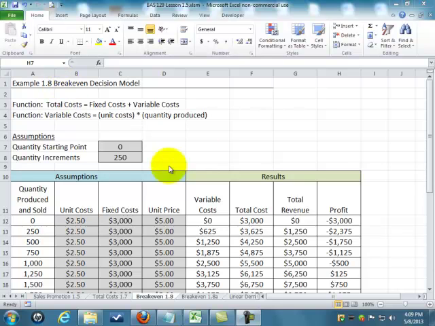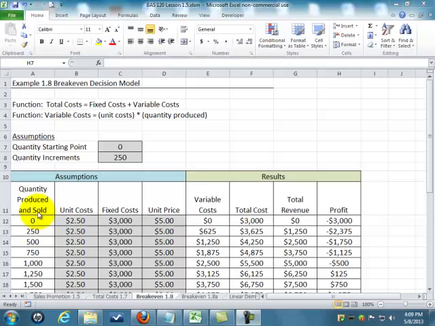So in order to do that, in Excel I did quantity starting point and then different increments so that I have some flexibility to change it. And again, the things in gray are my input assumptions. So I put assumptions here, quantity produced and sold.